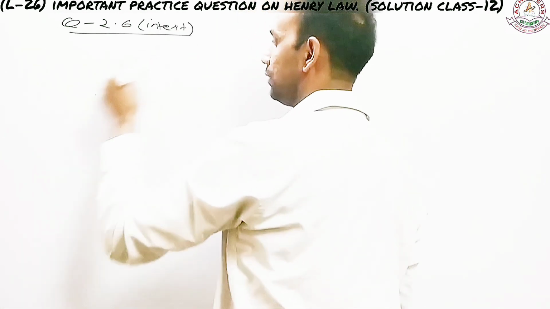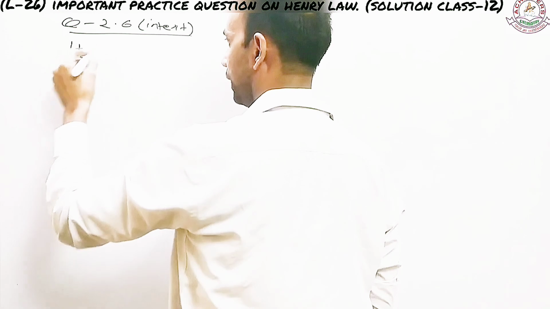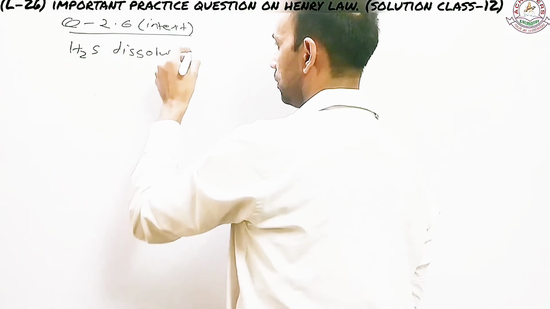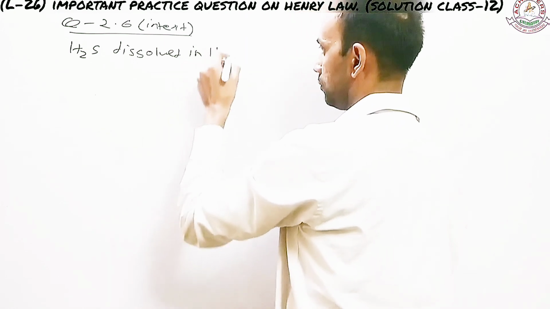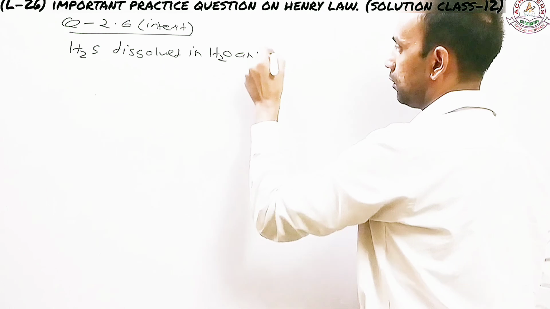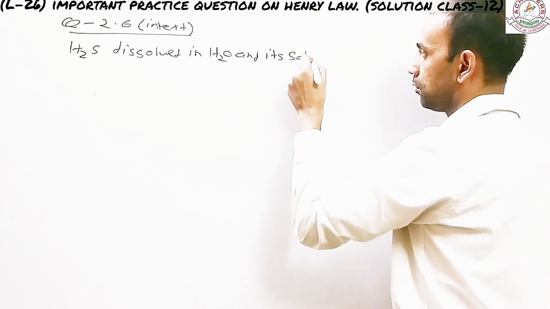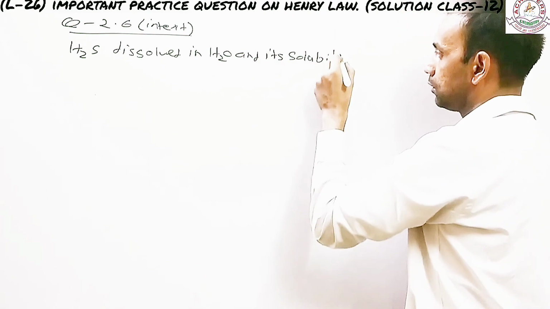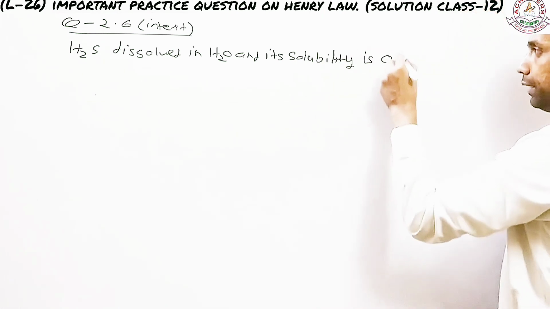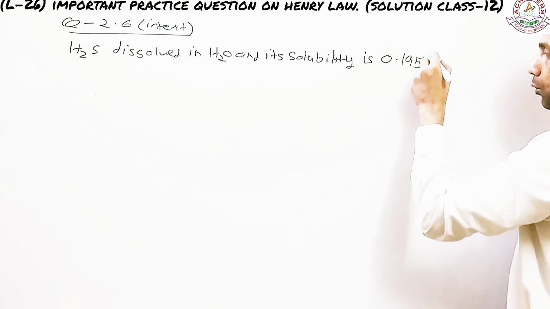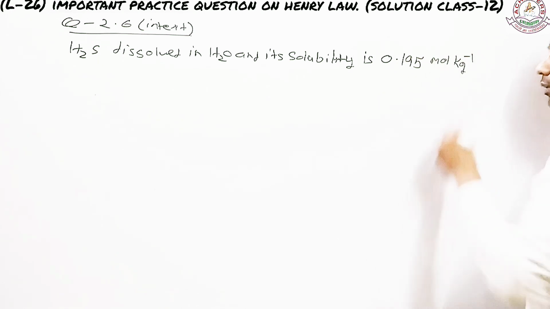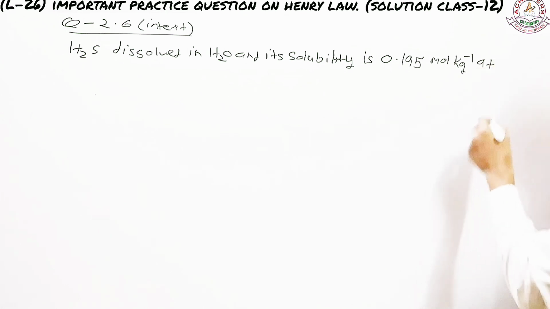What this question is, it talks about hydrogen sulfide dissolved in water, and its solubility is 0.195 mole per kg at STP.